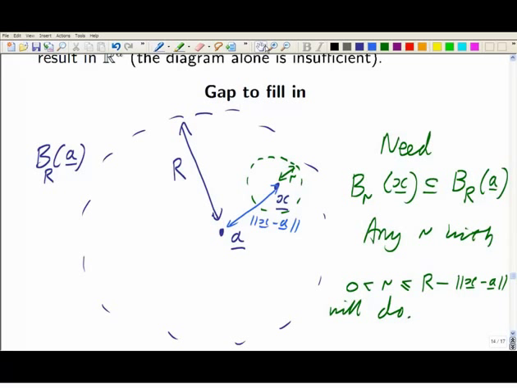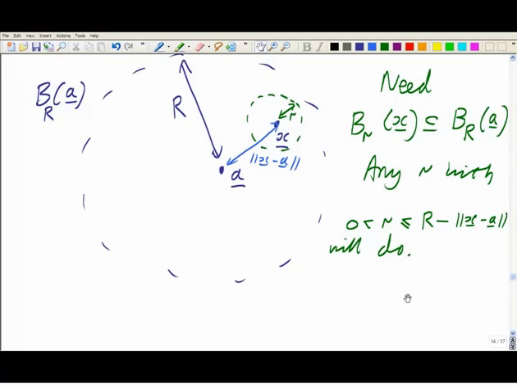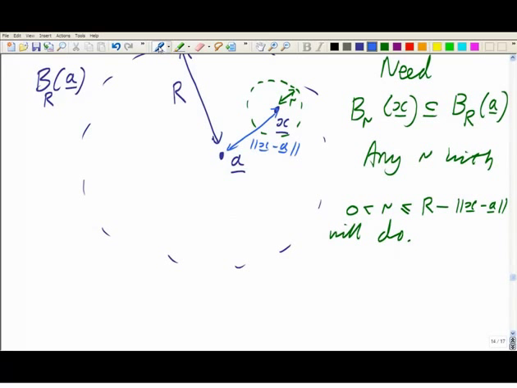So to get out of the ball, you'd have to go at least another capital R minus norm of x minus a to escape. Now that's the two-dimensional picture, and it's pretty convincing. But again, do we know that this is valid in d dimensions? Well, yes, we'll do a proper proof now based on that picture using the triangle law.